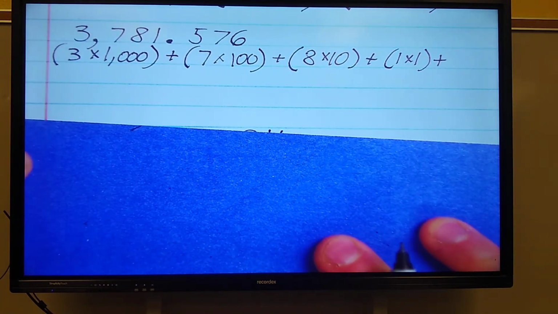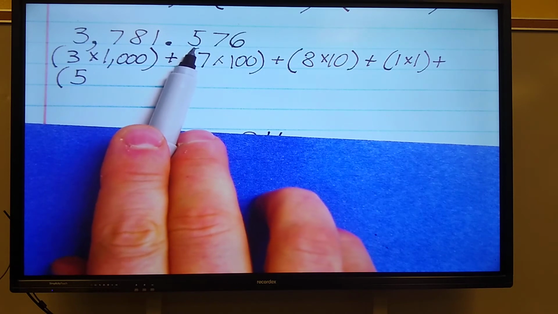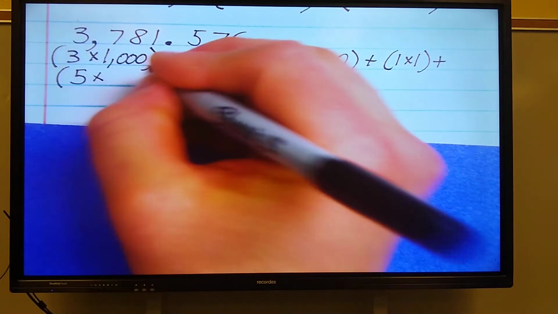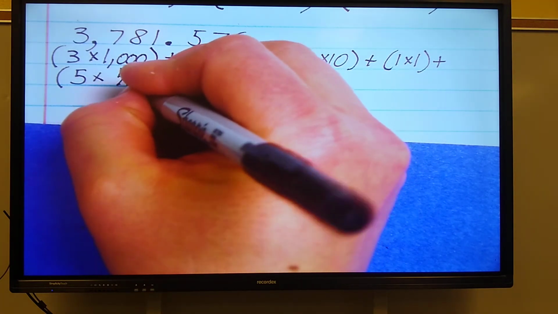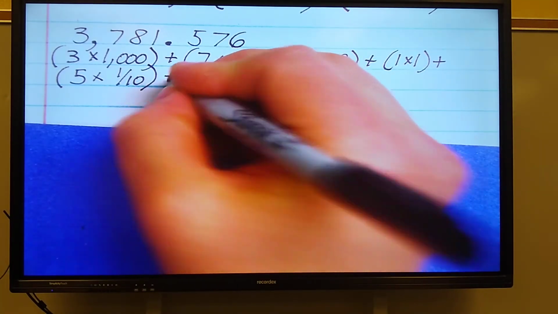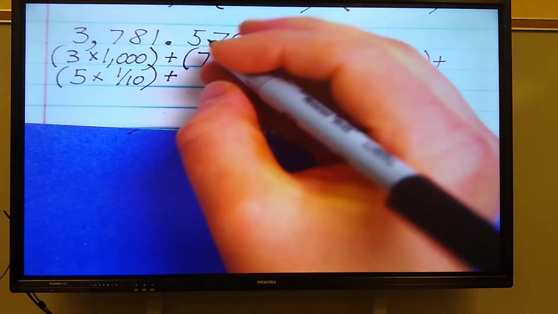Now we get to the decimal numbers. Parentheses, 5. 5 is in the tenths place. So remember what I told you, 1/10. Plus, 7 is in the hundredths place.